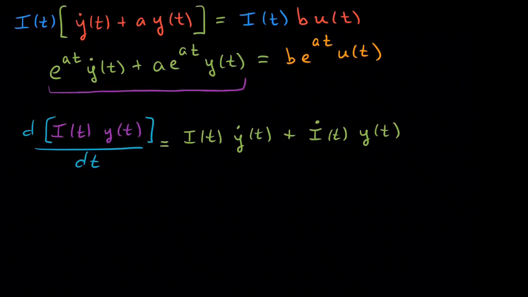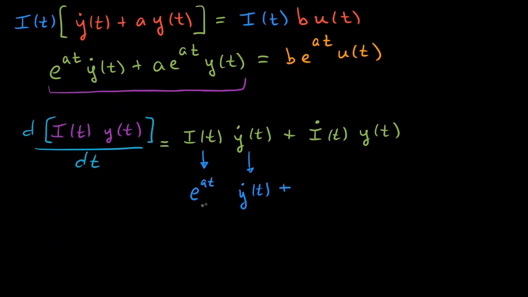Now, if I plug in the expressions that I had for my example, right, we're going to see that if I just write those expressions down here, so I of t, right, the integrating factor was just e to the at, and then here we just bring down our y dot of t, and then plus, and then over here we have I dot.